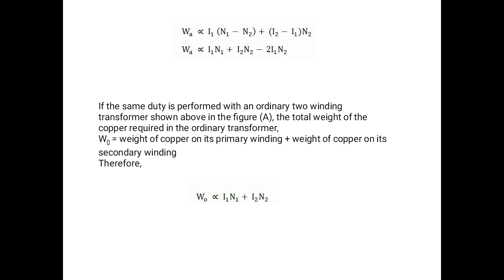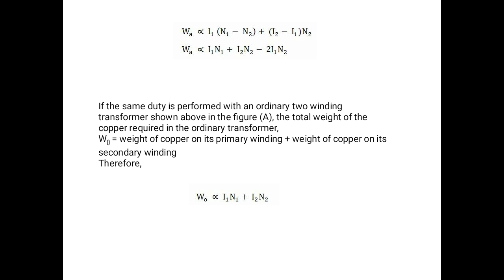Now WA is directly proportional to I1 (N1 minus N2) plus (I2 minus I1) into N2. So WA is directly proportional to I1 N1 plus I2 N2 minus 2 I1 N2.